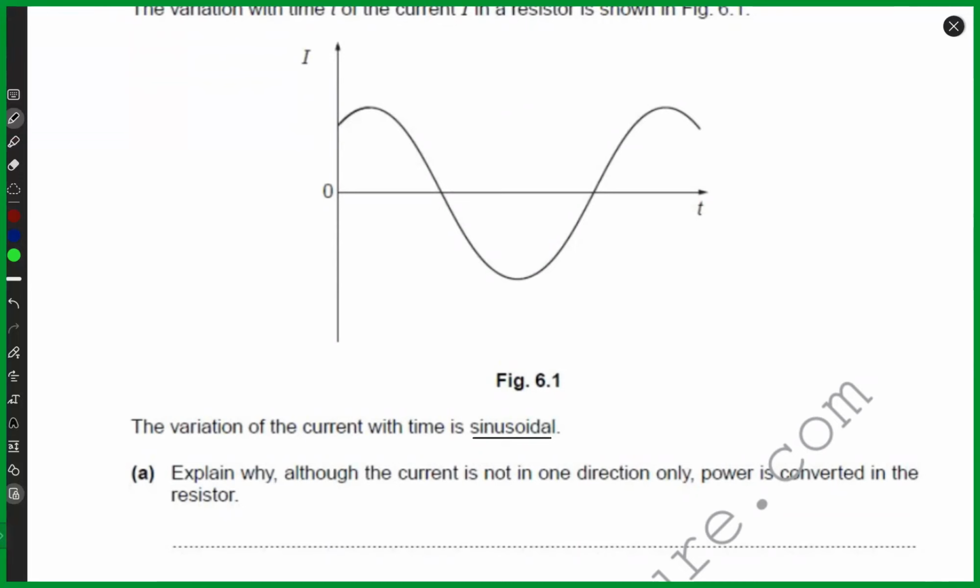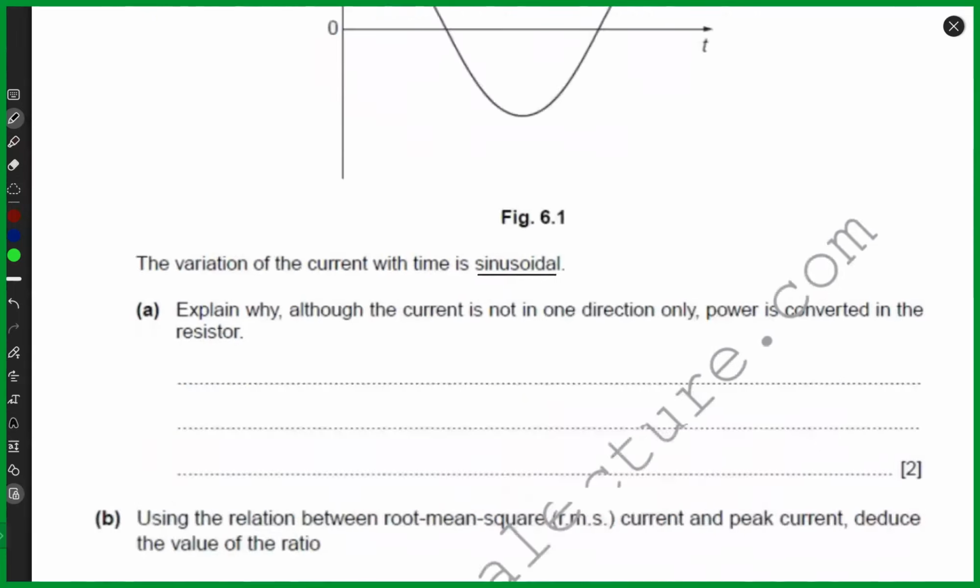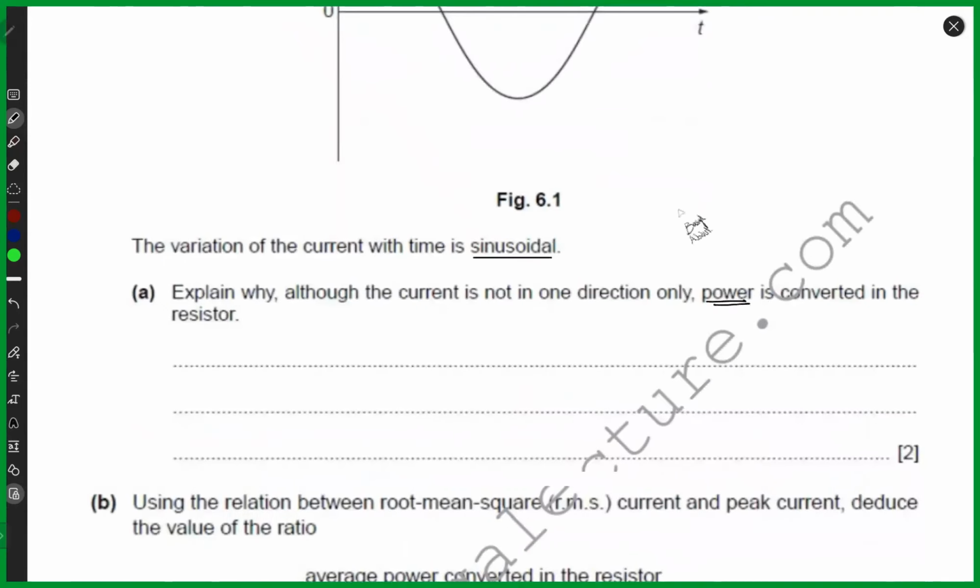So although there is alternating current, which is not in one direction only, it goes in two directions, you would normally expect the average value to be 0. But this power does not depend on that. It depends on the square of the current.